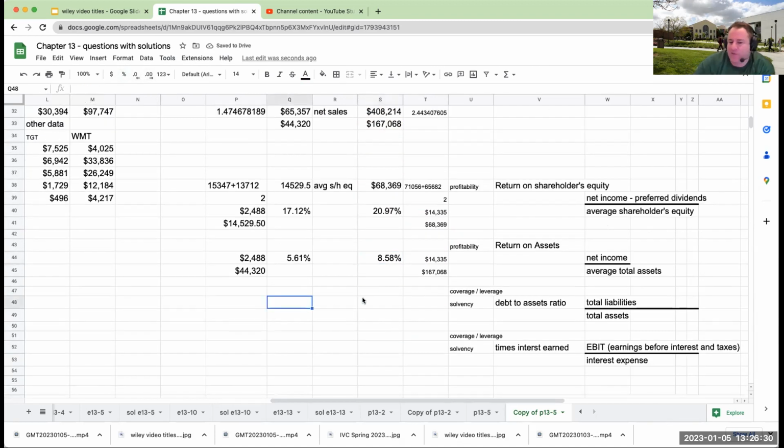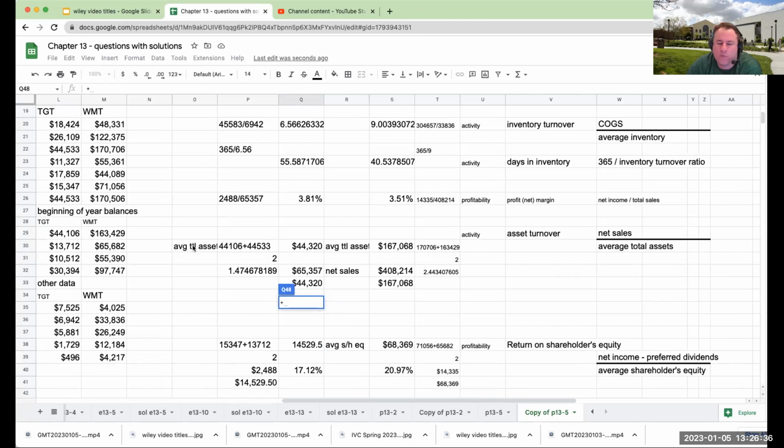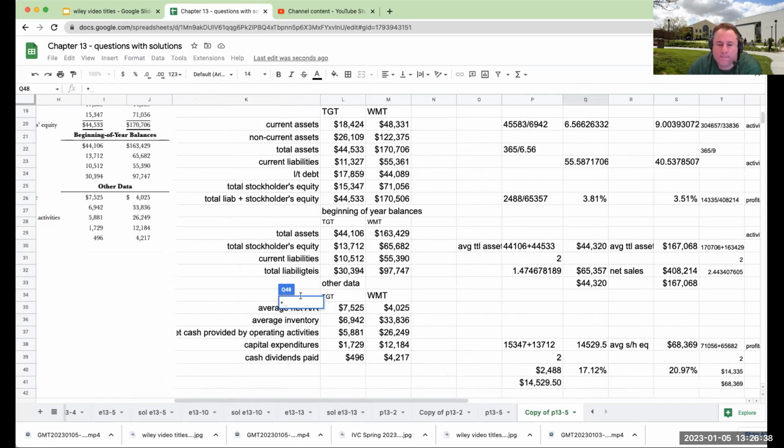Okay, debt to assets ratio. This is one of the solvency ratios. So my total liabilities for Target are going to be 11,327 plus the long-term debt of 16,859.